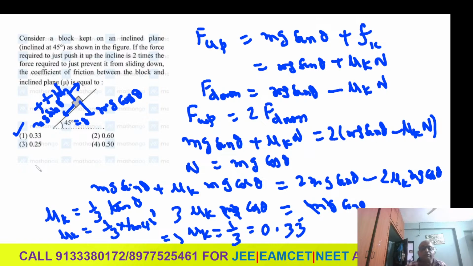The concept is: going up, mg sin theta plus friction; coming down, mg sin theta minus friction. Normal reaction is mg cos theta.